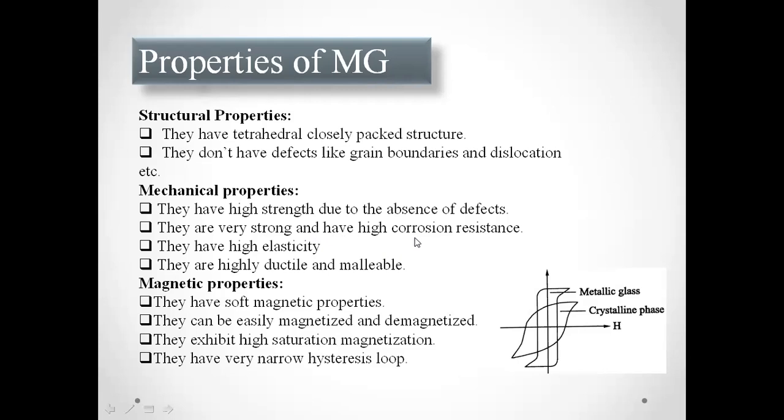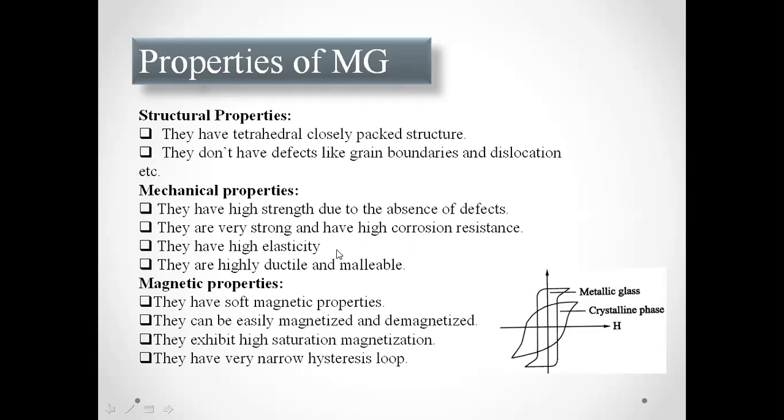The metal will get corroded, it will get oxidized. You see some iron instrument, not a proper steel, or even steels, will get corroded. So to avoid that corrosion, we can use these metallic glasses.